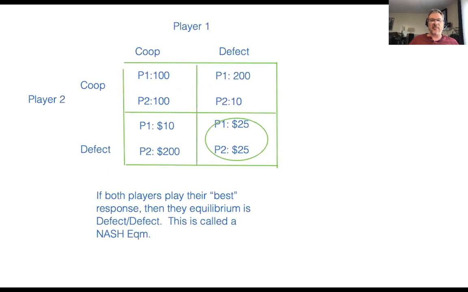Just like we solved the prisoner's dilemma game in the finite action space setting, the way that we approached it is we said, okay, to find the best response, what you do first is you hold constant the decision of one of the players. So for example, remember I started out by saying, okay, let's assume that player 1 plays cooperate. What's the best response for player 2, cooperate or defect? And then we moved through the best responses for each of the players, assuming that we're holding the strategy of the other player constant.